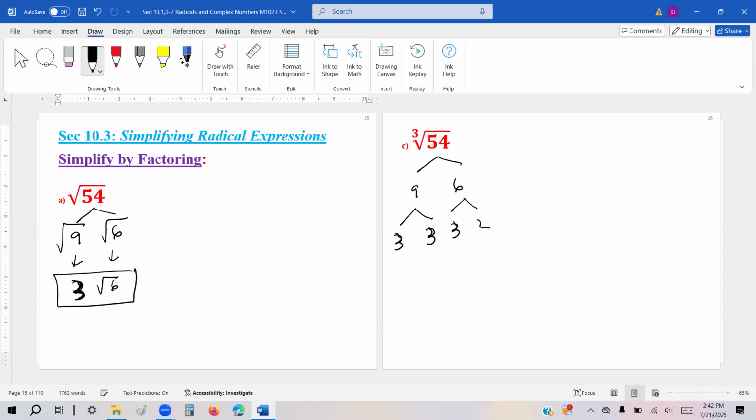3. So I broke down 54 into its prime factorization. Now do you see the same number 3 times? What number do you see 3 times? 3. So we are going to group them into one group, 3 times, and there is a single leftover 2.